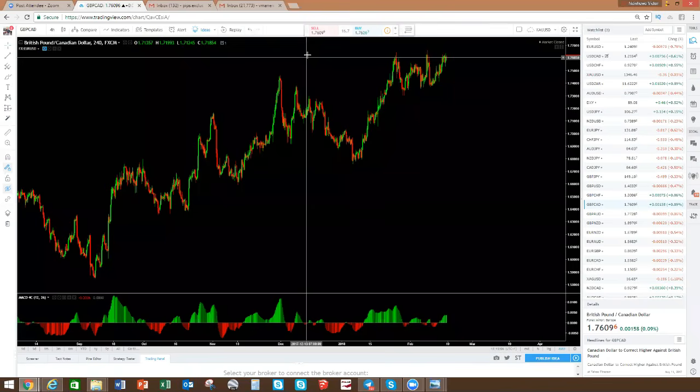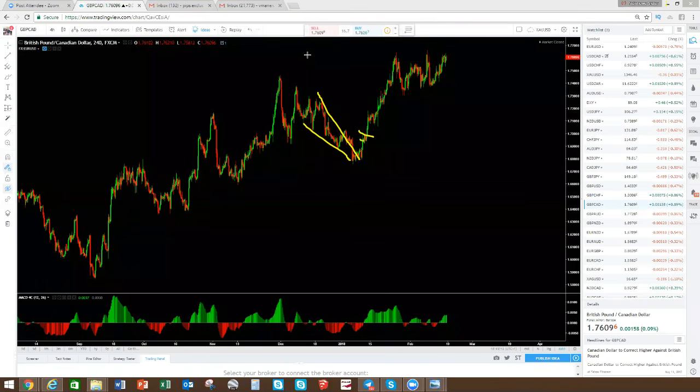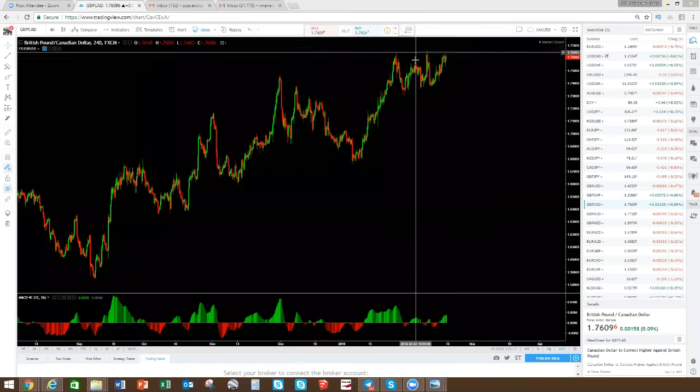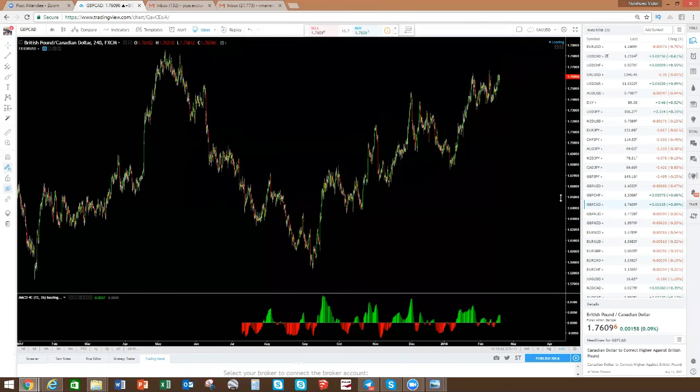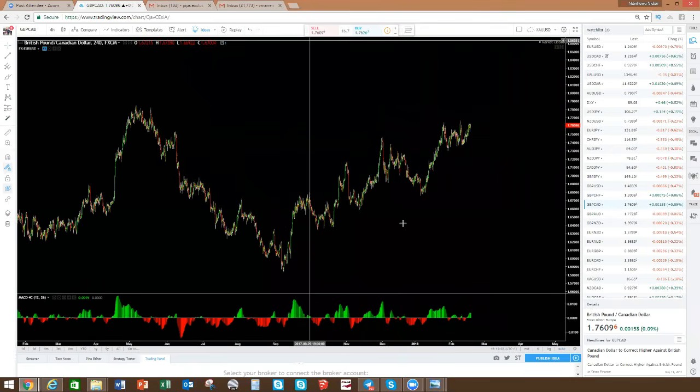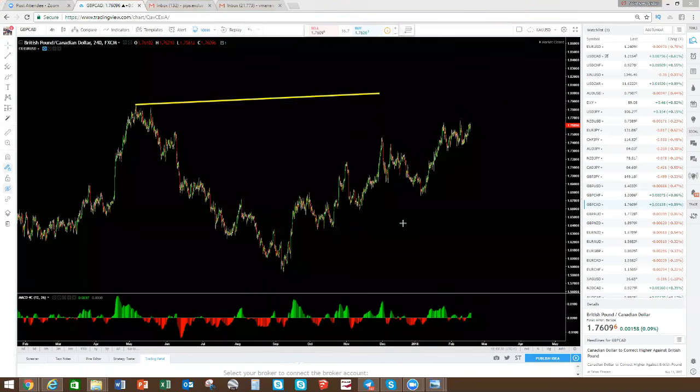After this channel buy, now we're here, and it is now giving us this structure, running flat, and it is still giving us corrective structures for upside. If you remember what I've been looking at all along on pound CAD, it is for it to come and retest this top here.